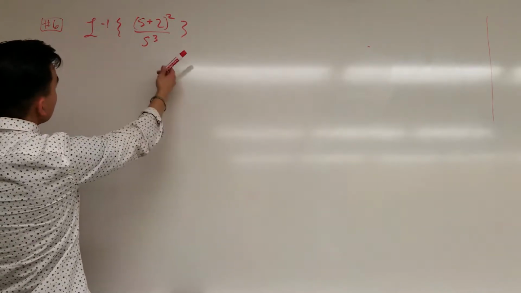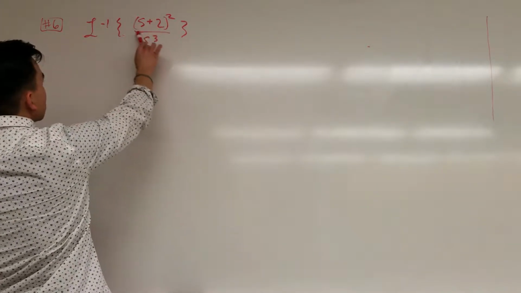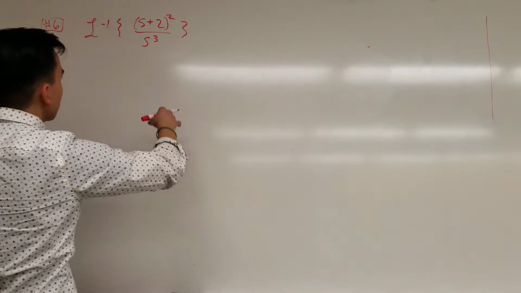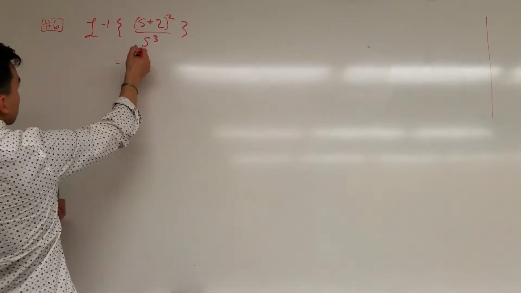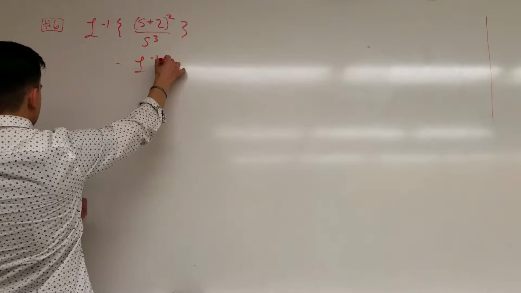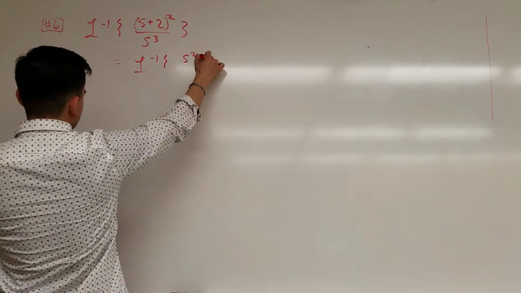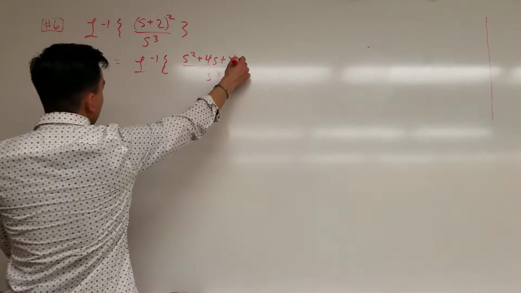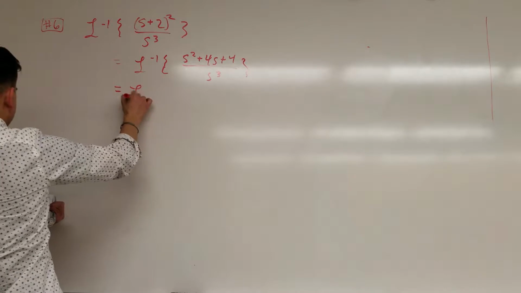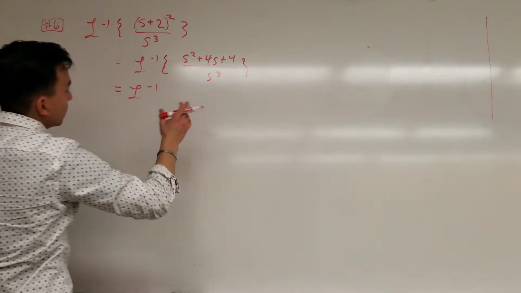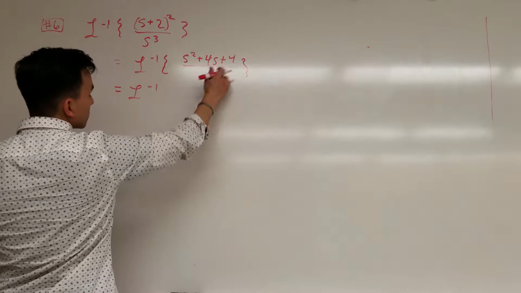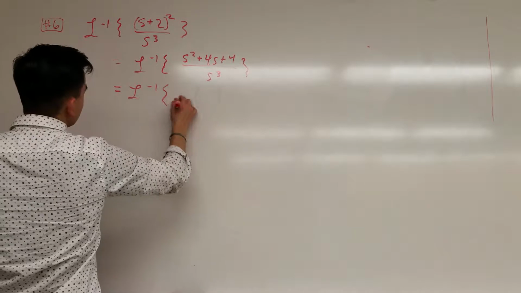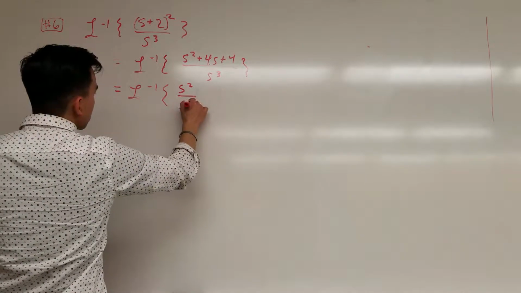Like in the previous video, we said that if we had something like this, where it was a quantity squared or cubed or whatever, we want to expand that. So if we expand that, we get s squared plus 4s plus 4, all over s cubed. Since every one of these terms is over s cubed, I'm going to put all that over s cubed.